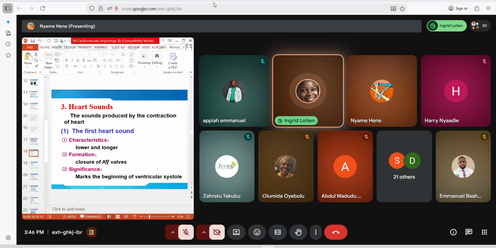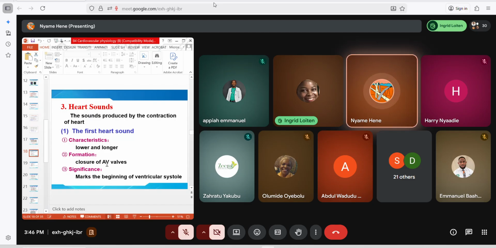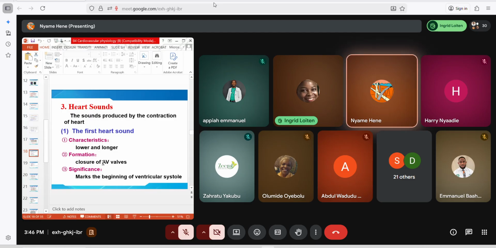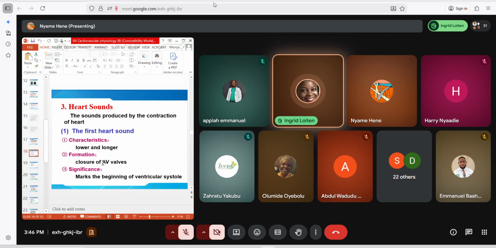We have two of them. On the right side, which is the left atrium, there is a mitral valve, and on the left side there is a tricuspid valve.